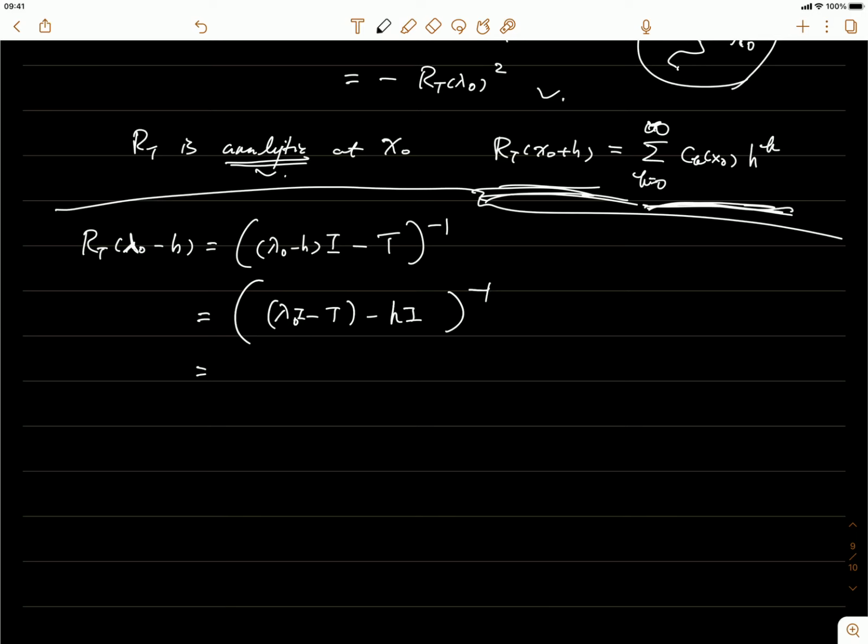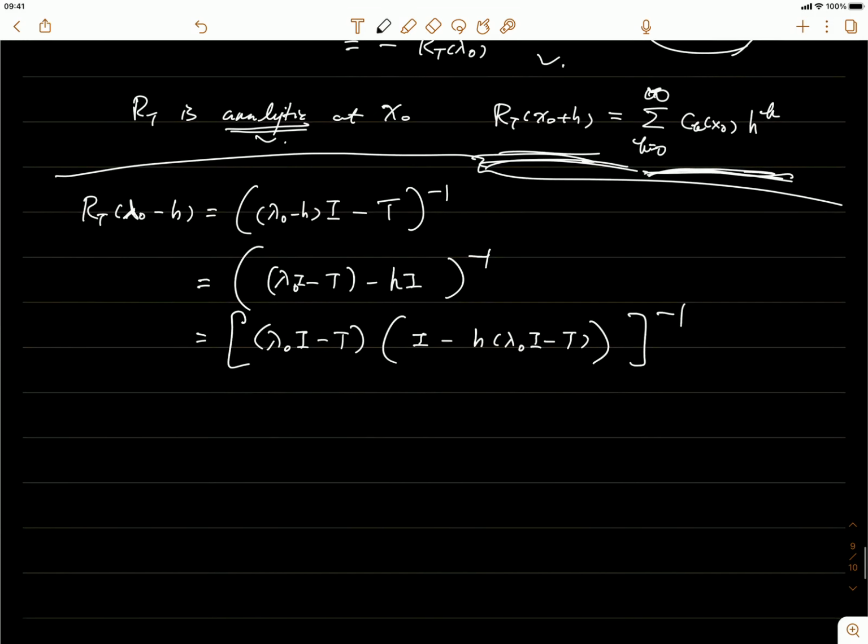I extract the first term, so I have lambda 0 I minus T times I minus h times the inverse of lambda naught I minus T, and I apply the inverse to this. Now when h is small enough, this thing here is invertible. So let's choose h small enough. If you can show that this power series converges for any h in the neighborhood of 0, then it is called analytic. That's the thing we're going to show here.